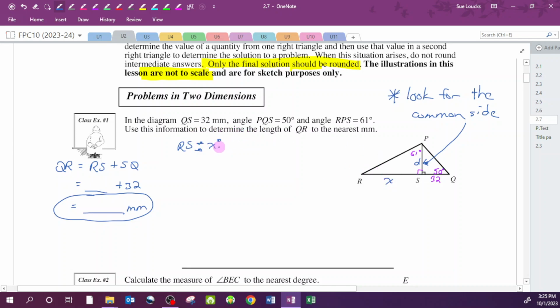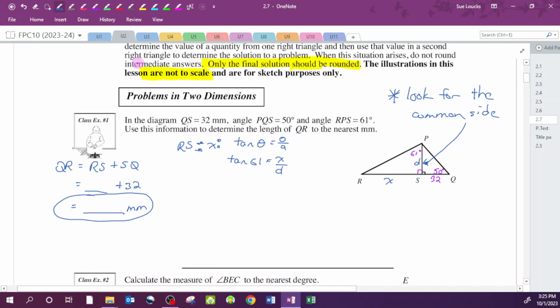So to find X, if I know that angle, I'm looking at tan. Tan theta is opposite over adjacent. So tan 61 is going to be X over D. But I don't actually know what D is right now.